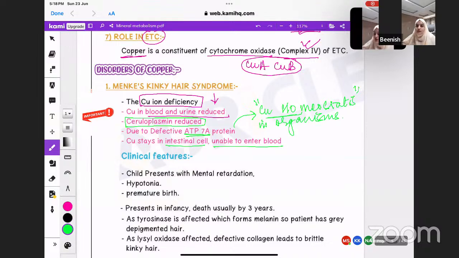Because of this poor distribution, copper accumulates in some tissues like the small intestine and kidneys, whereas in other tissues like the brain there will be low copper. And why is this happening? This is happening because of defective ATP7A protein.